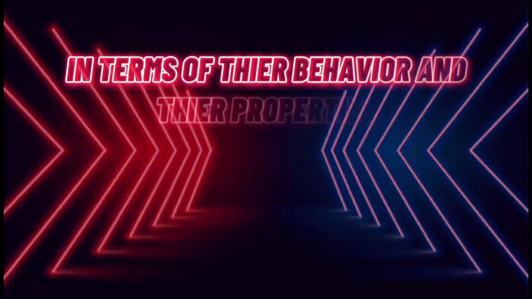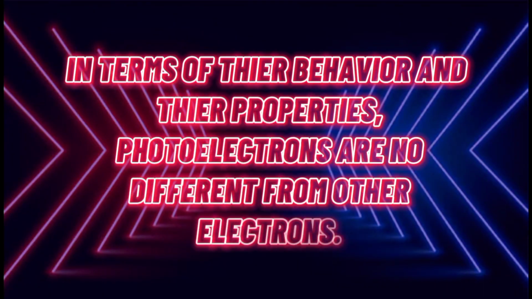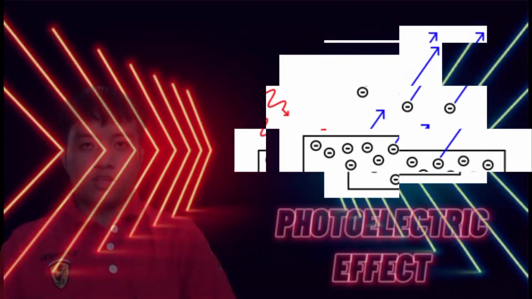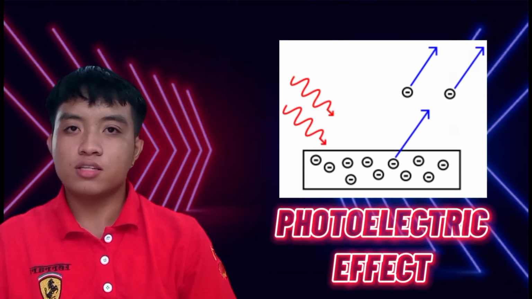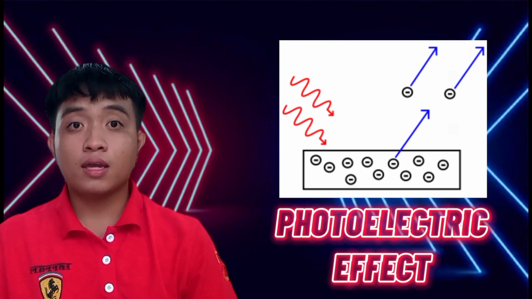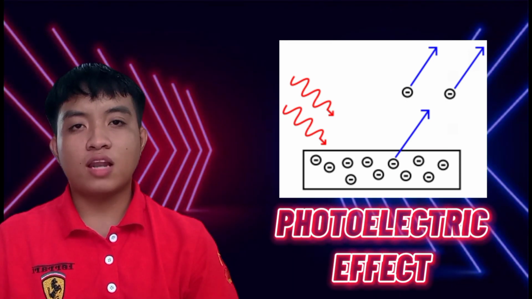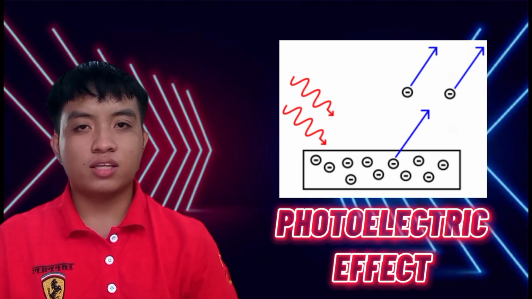In terms of their behavior and their properties, photoelectrons are no different from other electrons. The photo simply tells us that the electrons have been ejected from the metal surface by incident light. In the photoelectric effect, light waves, or red wavy lines, hitting a metal surface cause electrons to be ejected from the metal.